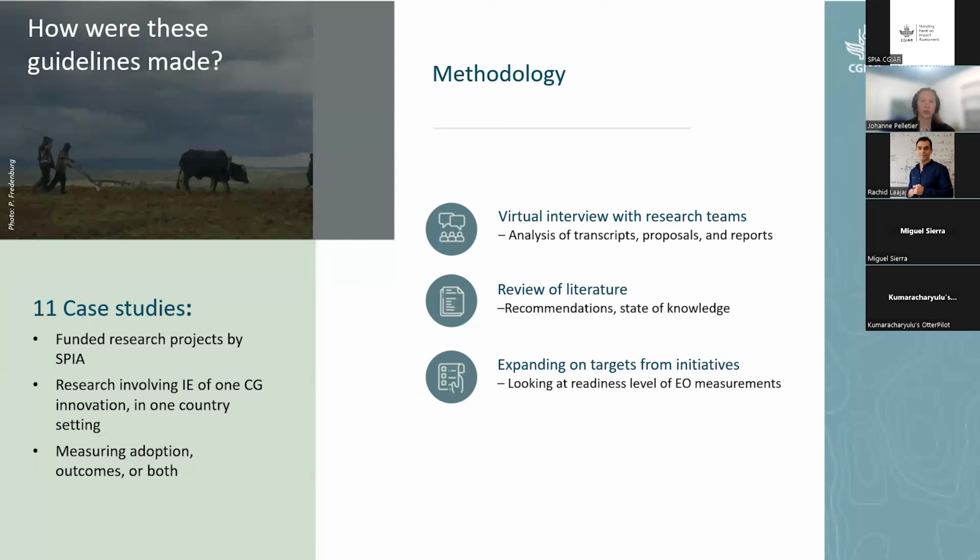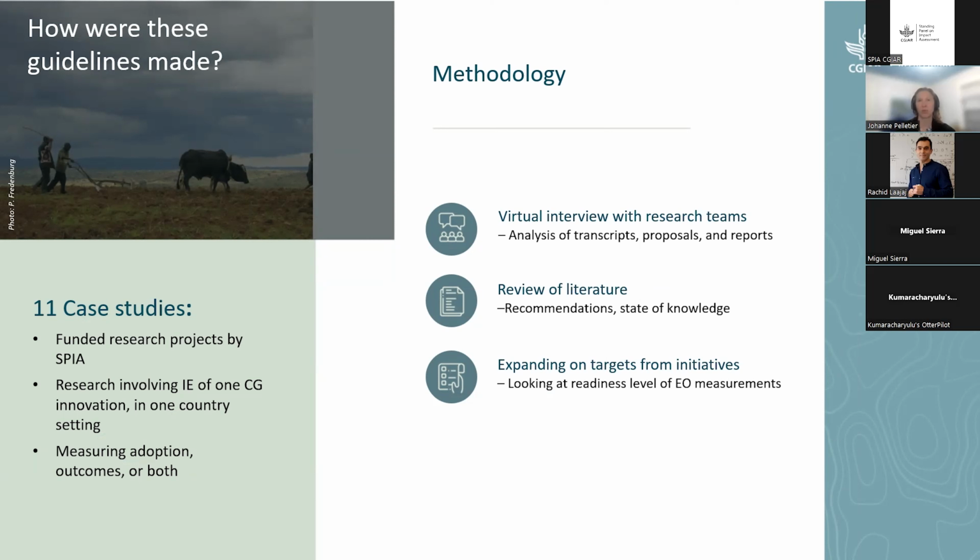We used virtual interviews with the research team. We also did a literature review of the remote sensing sector and evaluated the state of knowledge. So it's really looking at what the recent papers are telling us, what the recommendations are, and what can be applied right now with remote sensing.